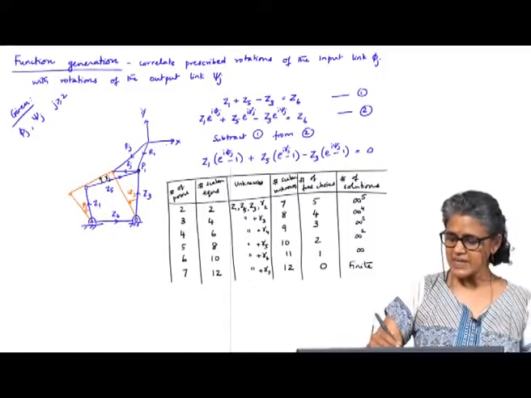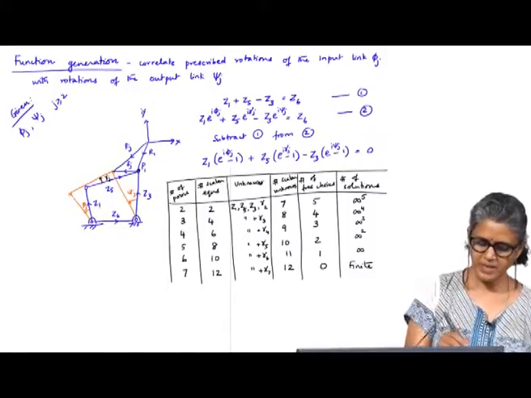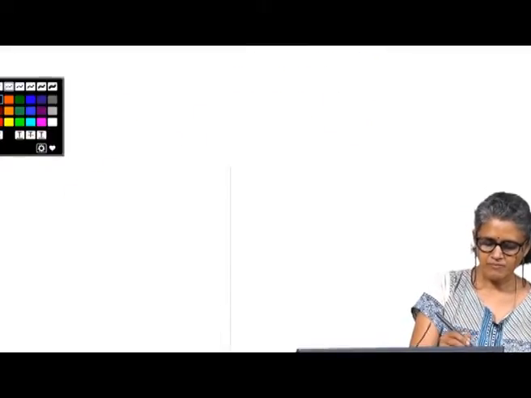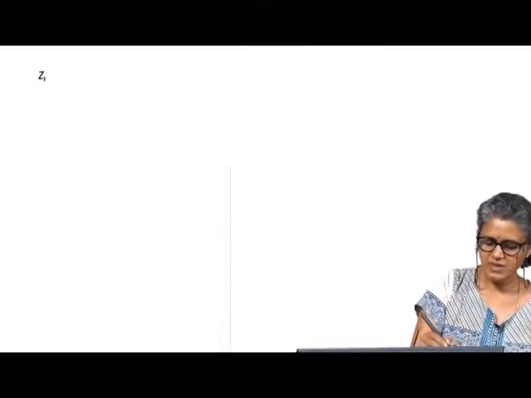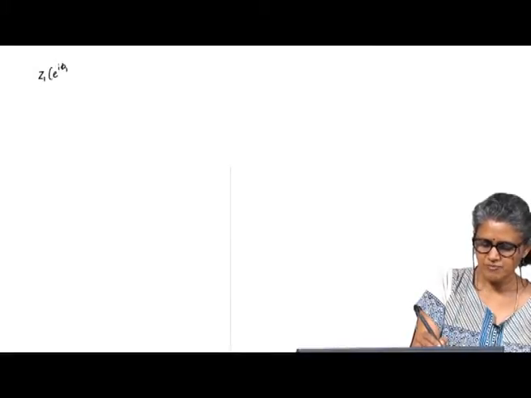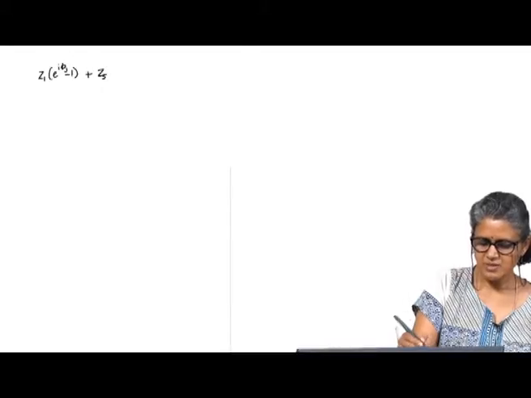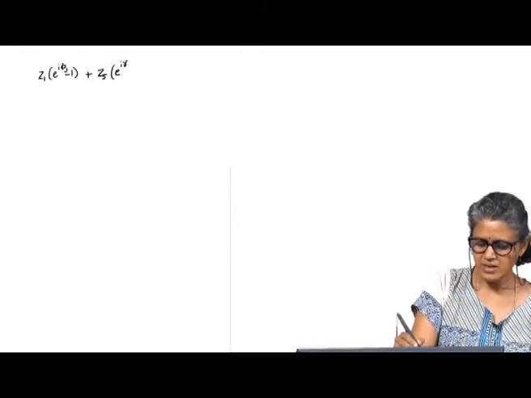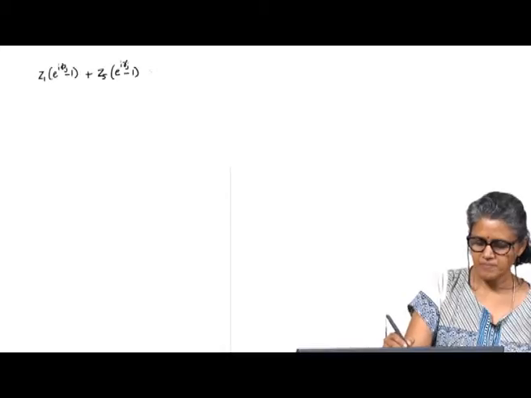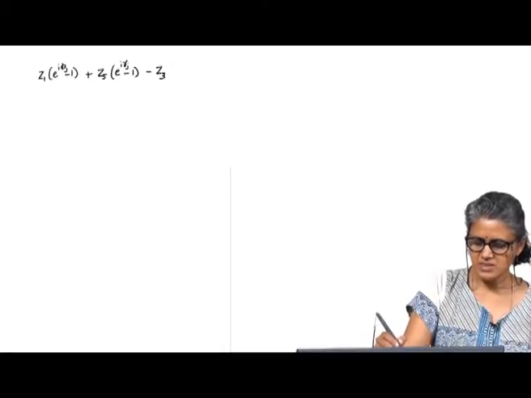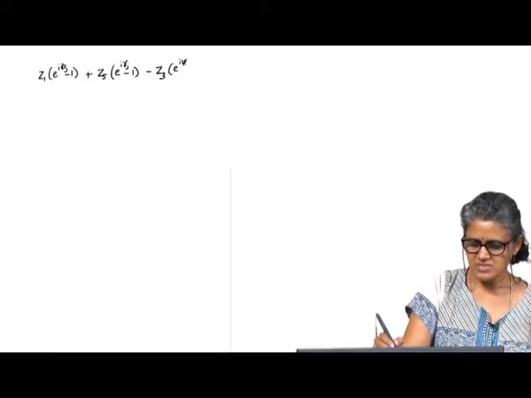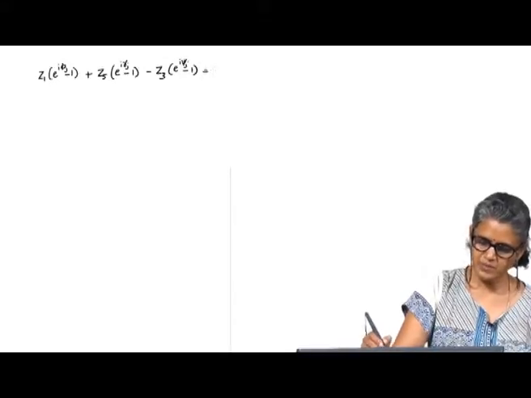Now, I can rewrite this equation, I can put it in a different form. So, I have z1 e power i phi j minus 1 plus z2 e power i gamma j minus 1 minus z3 e power i psi j minus 1 equal to 0.